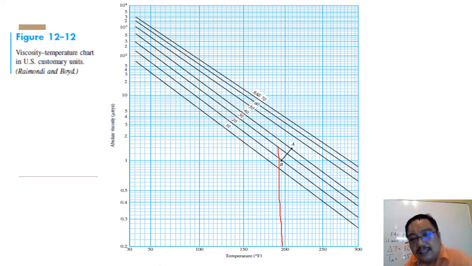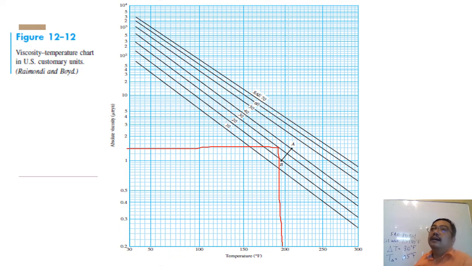Here is SAE30, and then we extrapolate here until we get approximately 1.4 microreyn. Okay, so in the exam, any value that is approximate is accepted. So now we accept 1.4 microreyn.